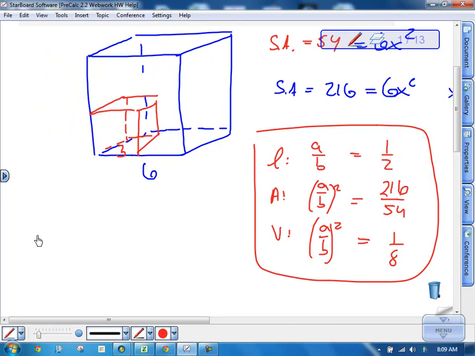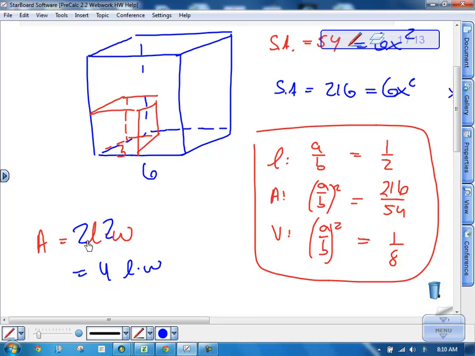Well, here's another way to look at it. Area is length times width. So if you make the length twice as big and you make the width twice as big, you've now made the area 4 times the original area. So for volume, you just do that again. You'll have 2 times 2 times 2, which is 8.